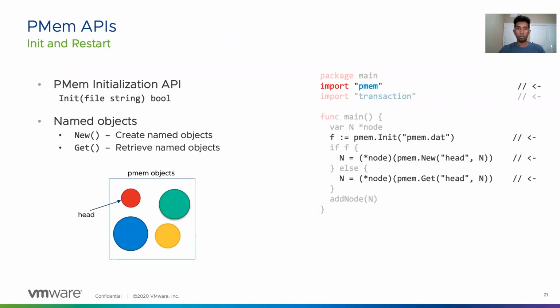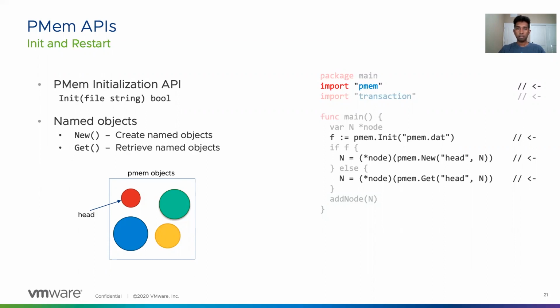We provide various pmem APIs to help users with pmem initialization and restart. First, the init API is used to initialize GoPmem. It takes a file as input and returns whether this is a first-time initialization or not. If this is not a first-time initialization, it also takes care of reverting any incomplete transactions.